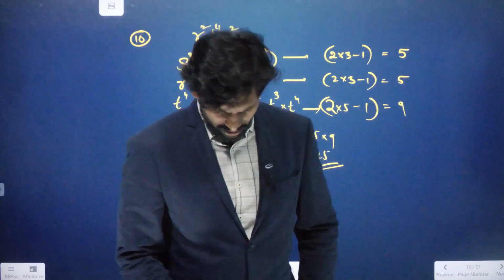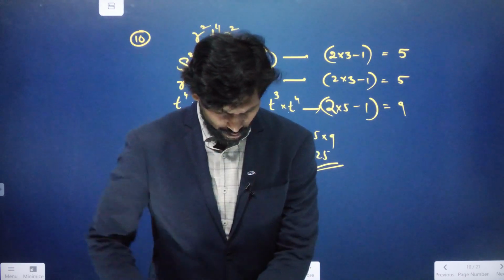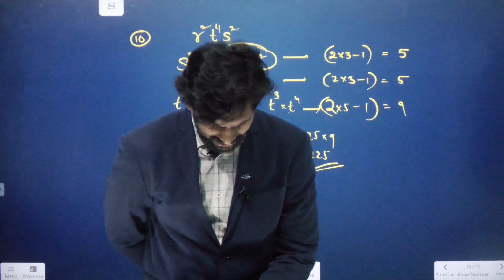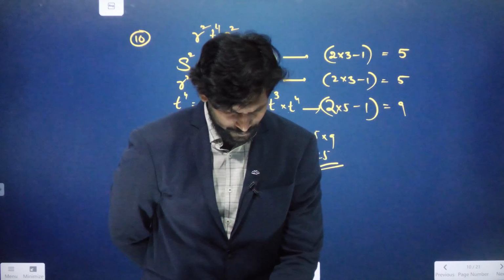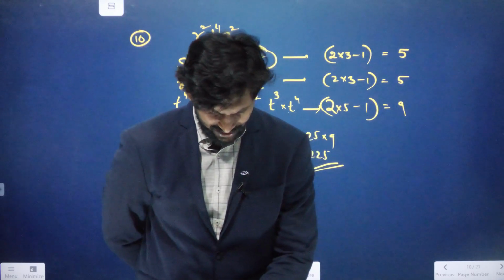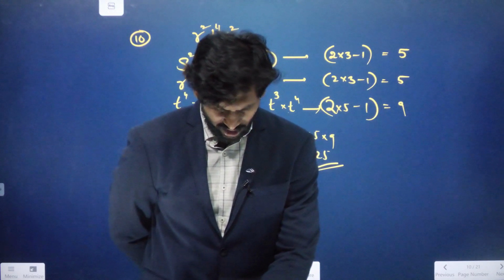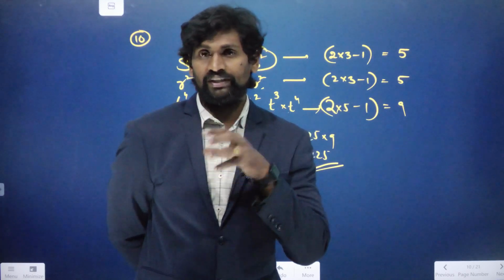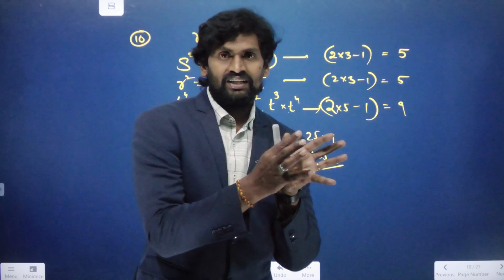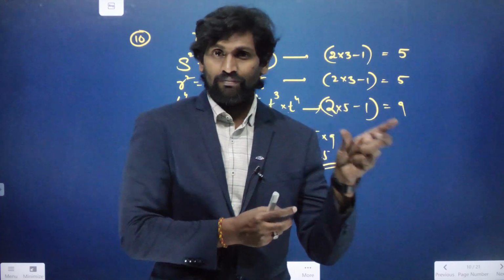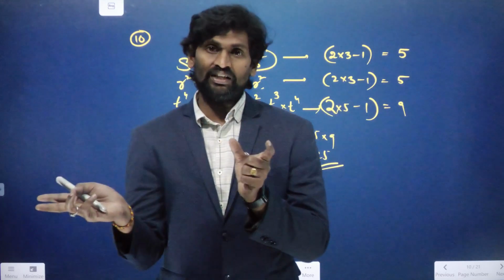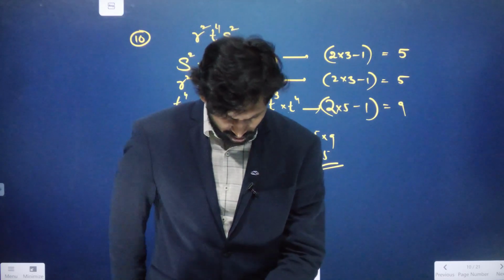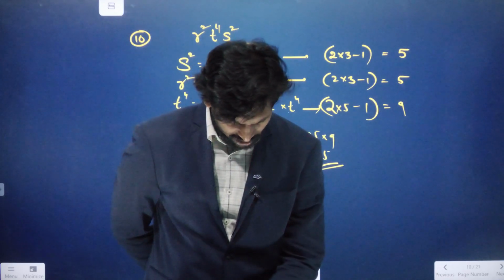Now let us see the 11th question. A person writes letters to 5 friends and addresses the corresponding envelopes. Find the number of ways the letters can be placed in the envelopes so that all letters go to the wrong envelopes. That means the wrong address we need to keep on the letters, so each letter is kept in another envelope.